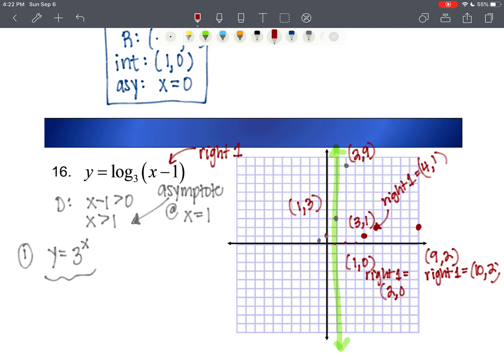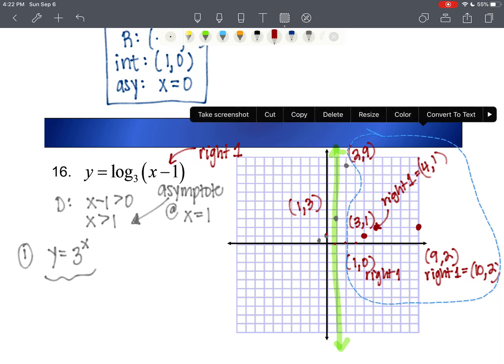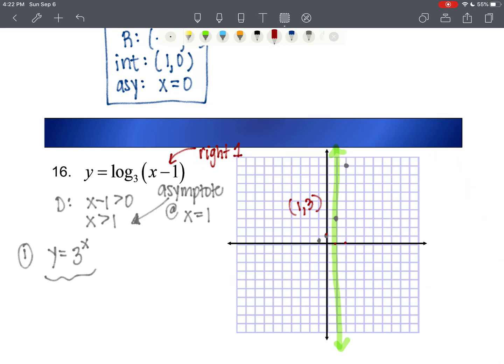Now perhaps I did a little bit too much in one step. So for those of you who need a little bit more than that, let me do this in blue and then I'll move to red. First we're going to take our ordered pair, 2, 9, and it will become 9, 2. And then 1, 3 becomes 3, 1.